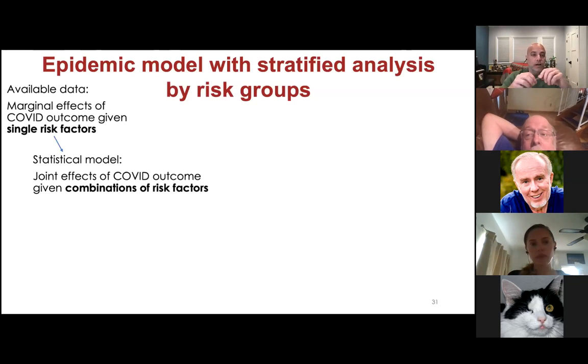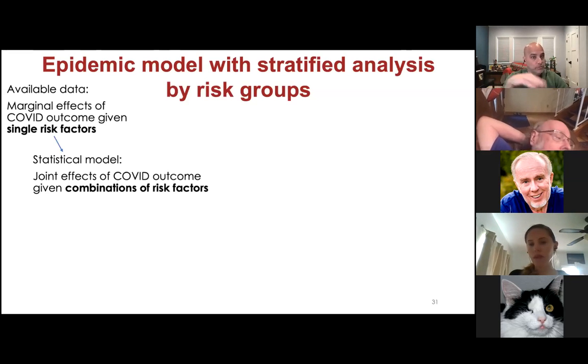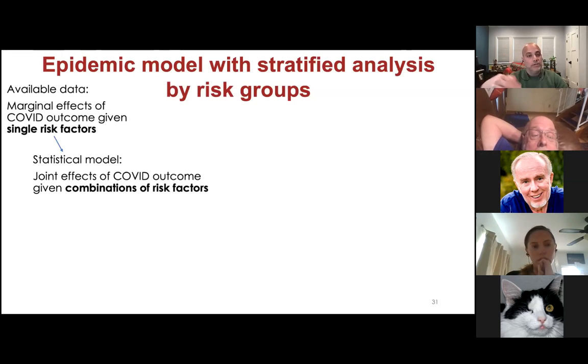And so what we decided to do was project a model of risk onto the results of the epidemic model. And to do this, we were also limited by the data that's available estimating the impact of different risk factors on the probability of hospitalization if you're infected, the probability of ICU if you're infected, and so on.